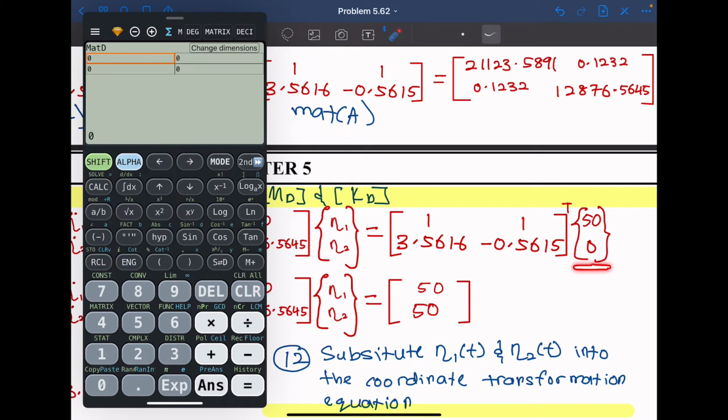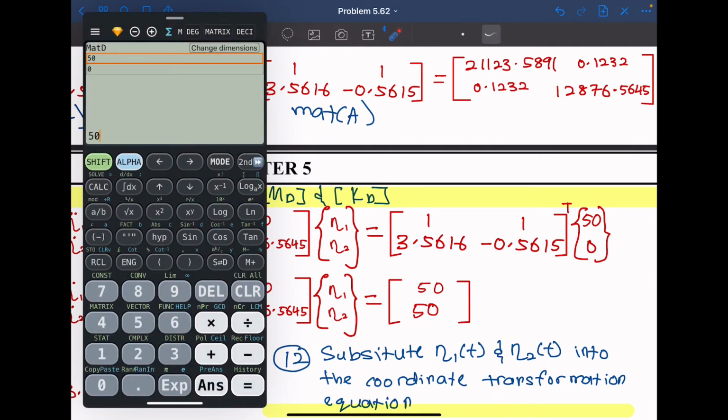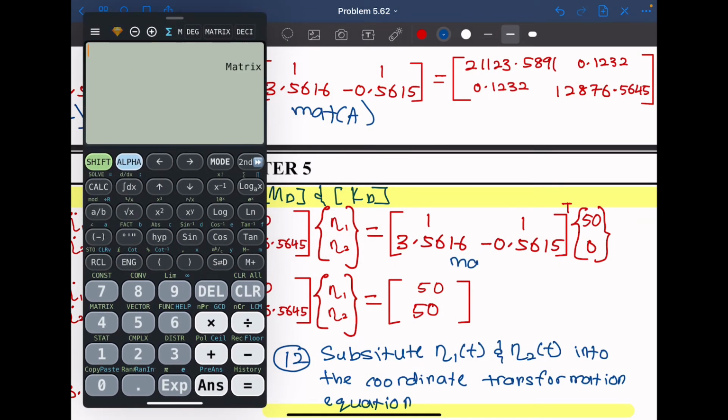You make this your matrix D, changing the dimension to 2 by 1, so you can enter 50 and also 0. Now you've already keyed in your matrix D. So basically this is your matrix A as you've already keyed in your calculator, transpose of that, multiplied with the new matrix D.